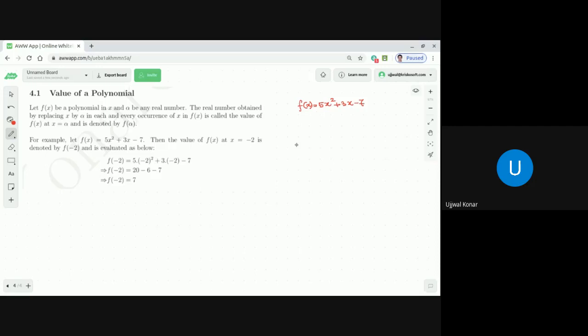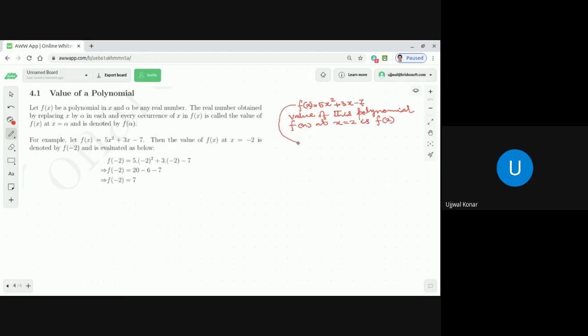For example, if we want to find the value of this polynomial at x equal to 2, the value of f(x) at x equal to 2 is f(2). Correct, no?